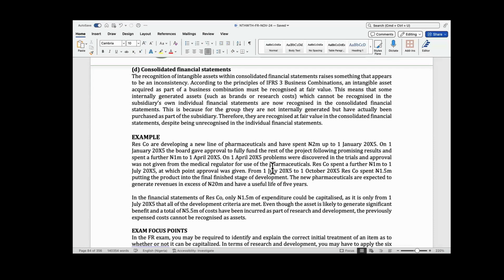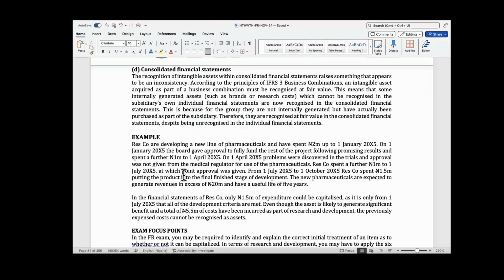From 1st July 2005 to October 2005, Resco spent 1.5 million putting the product into the final finished stage of development.